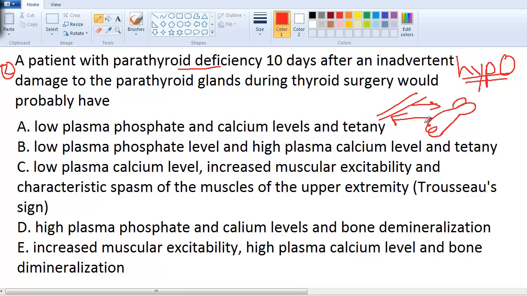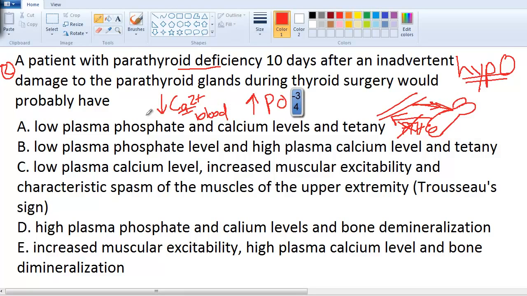Parathyroid hormone would be going to the left right here. So just imagine it's not working, right? So this is working. So we're moving the calcium this way, so we're going to have low calcium in the blood. What else? We know that calcium and phosphate work in opposite directions, so then we're going to have high phosphate.